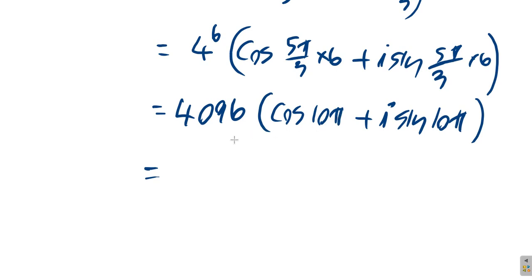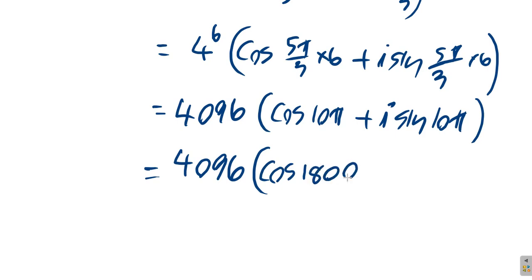And then put this back in rectangular form. So we have 4096 times cos 10 pi. Pi is the same as 180 degrees. So this is cos of 180 times 10, which is 1800, plus i sine of 1800 degrees, right?